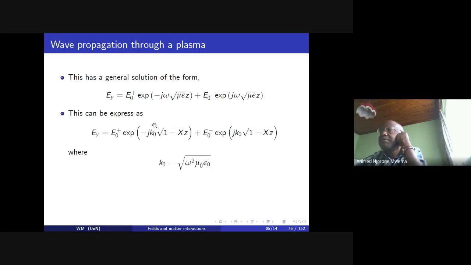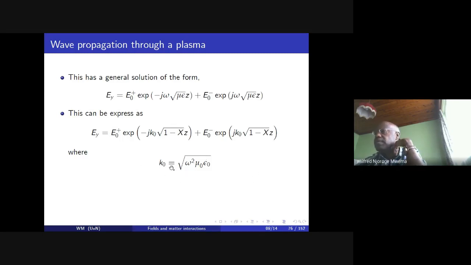This can be expressed with a square root, jk naught into that value plus another term, when we replace the value of epsilon with the value that we have found in a few slides above.